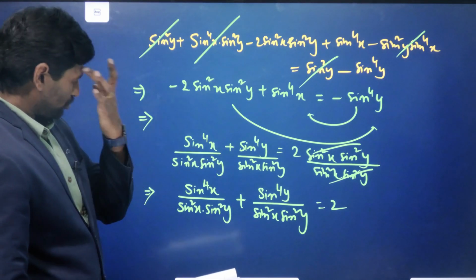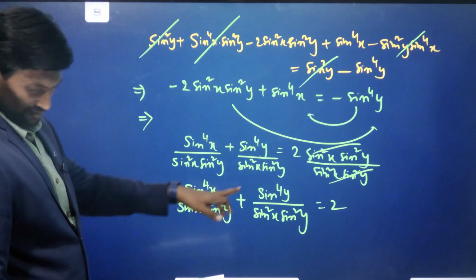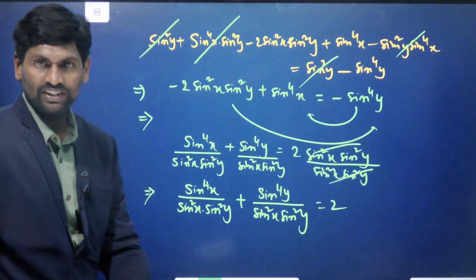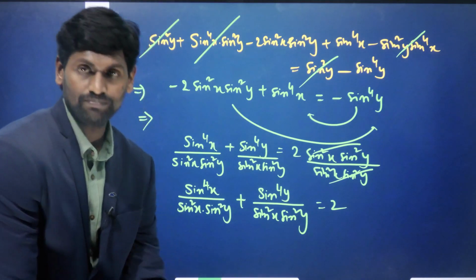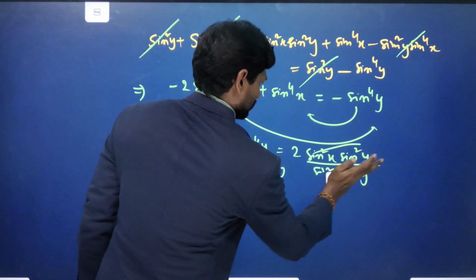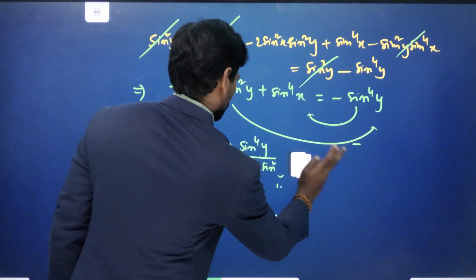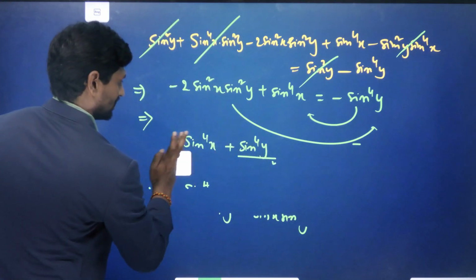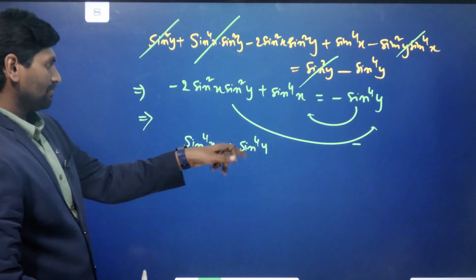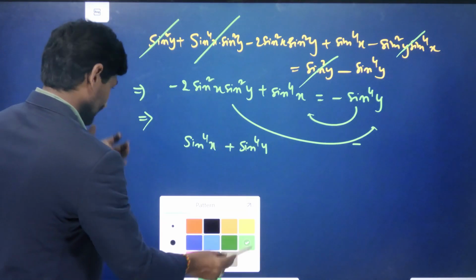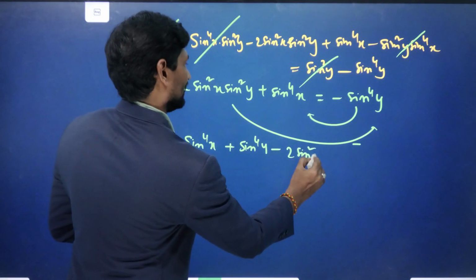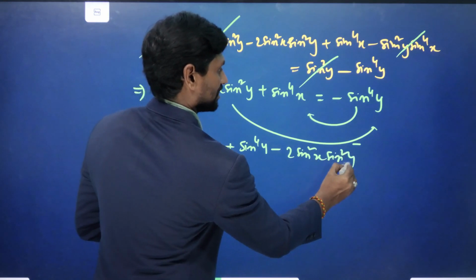The last step only, just a small change in the last step. So let us write this one: sin square x plus sin square y, minus 2 sin square x sin square y is equals to 0.